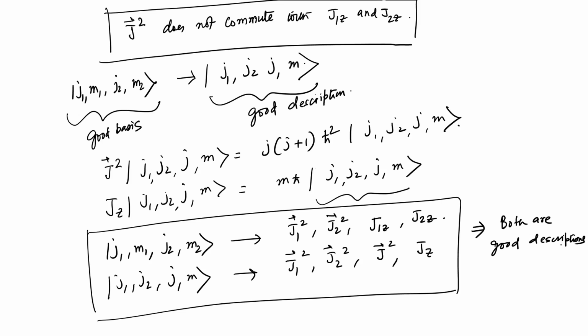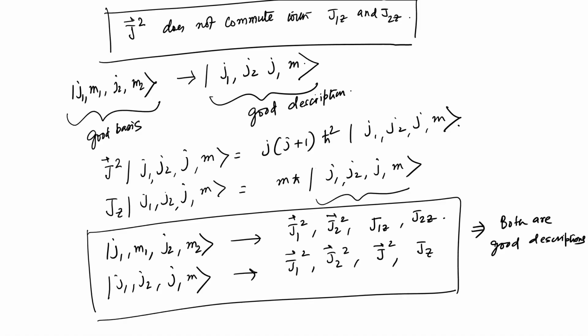Okay. Now, if for a given problem there are two descriptions which are equally valid and they are the eigenbasis for the problem, then there has to be a unitary transformation that connects these two bases. Let me remind you that if there is a unitary operator U which connects a vector to another vector, then U dagger U is equal to 1.